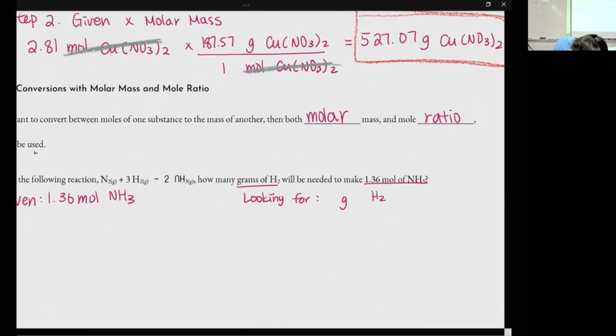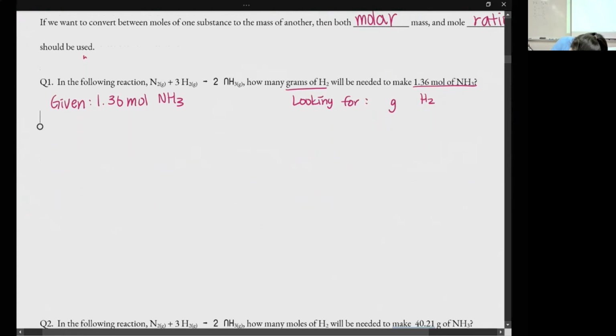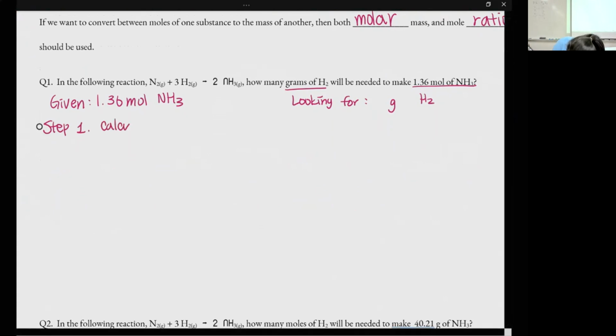So step 1, calculate the molar mass of both.